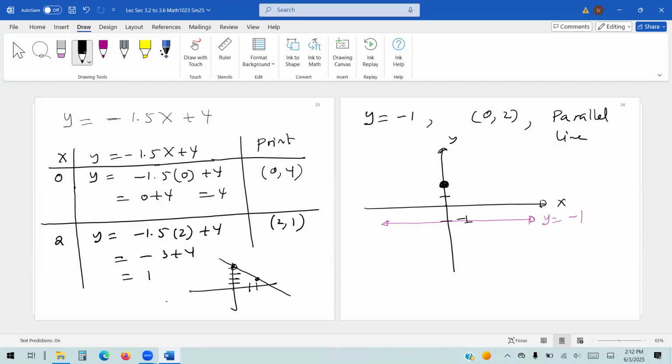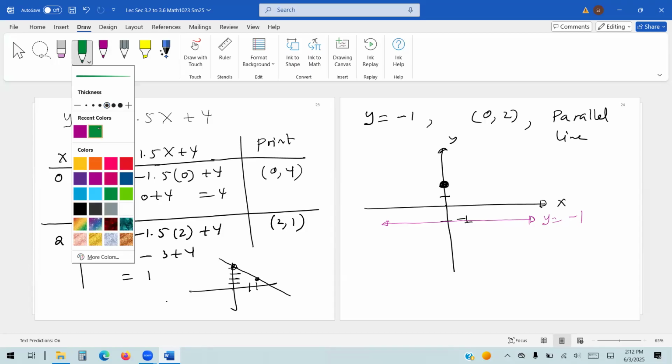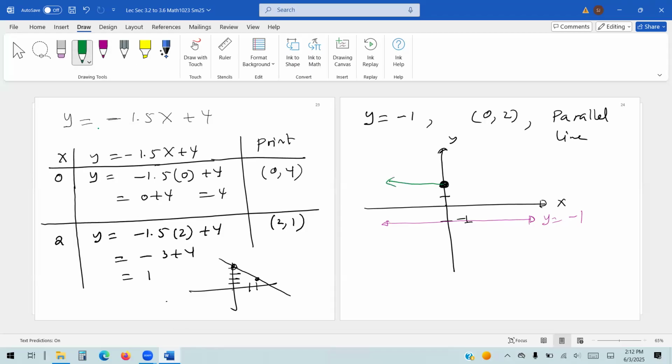Another horizontal line. So you need another line that goes left and right through the point (0, 2). So what's the equation of this line? y equals 2, because this goes through the y value 2.